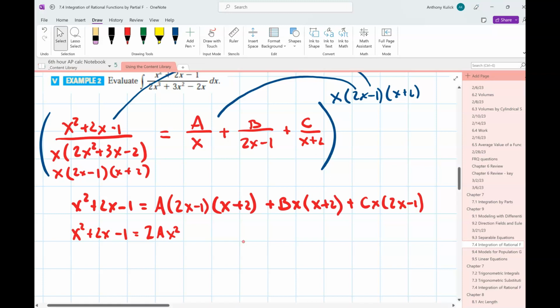And then I have 2x minus x, so that's just going to be an ax, and then minus 2a, and plus bx squared plus 2bx plus 2cx squared minus cx.